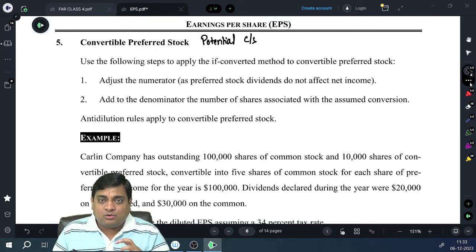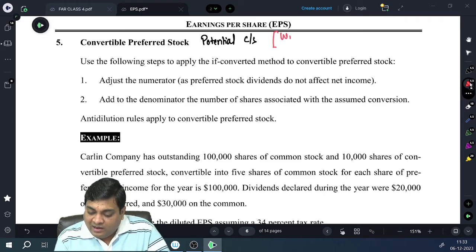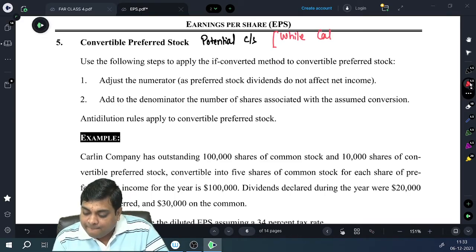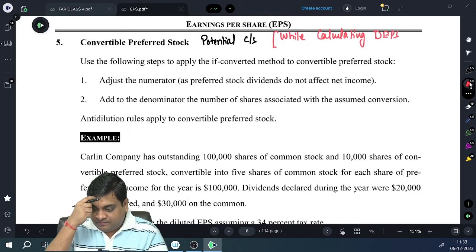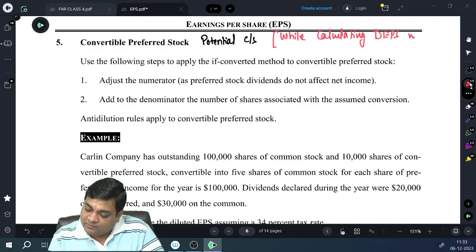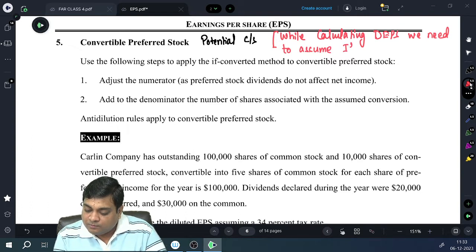So when you calculate diluted, you need to note one thing. While calculating diluted earning per share, we need to assume it is converted.